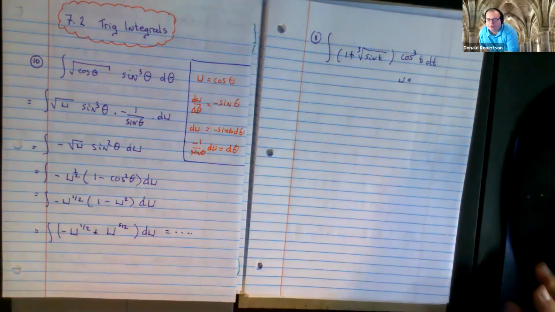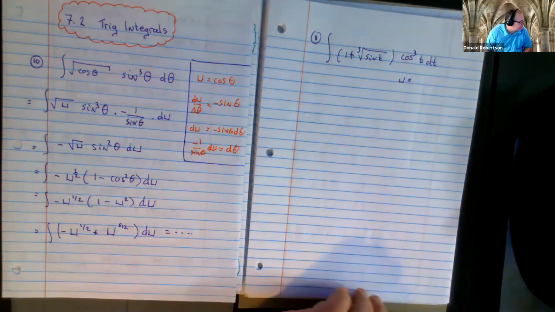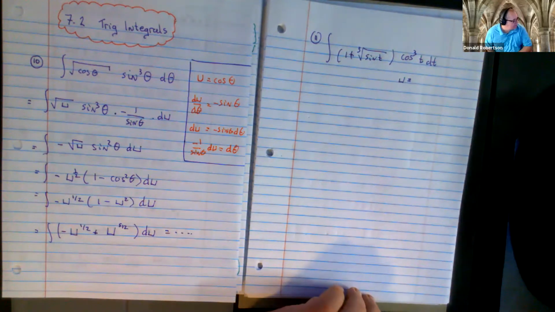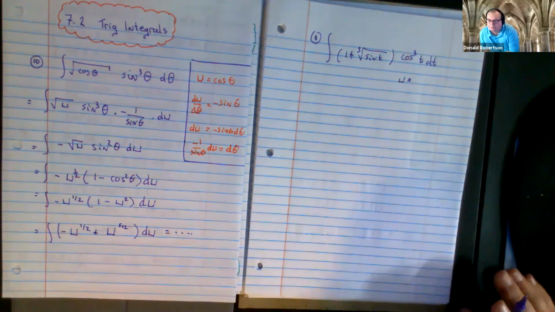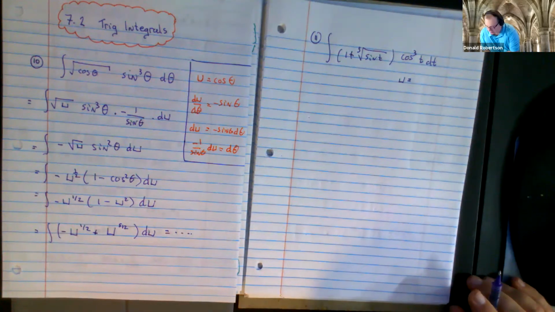Who will you choose as your U sub in question 11? You know it's a sine or a cosine, that's what it's always going to be, so there's your choices.